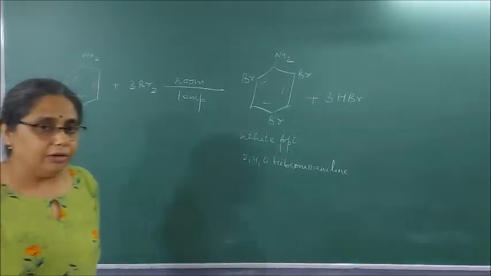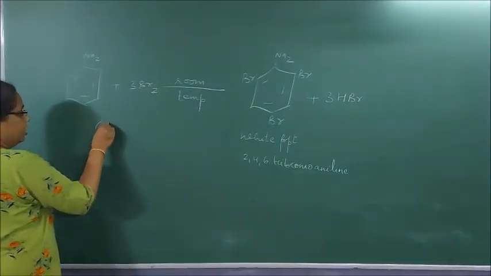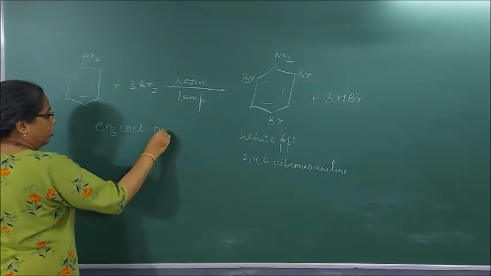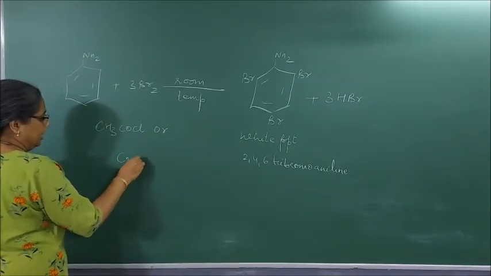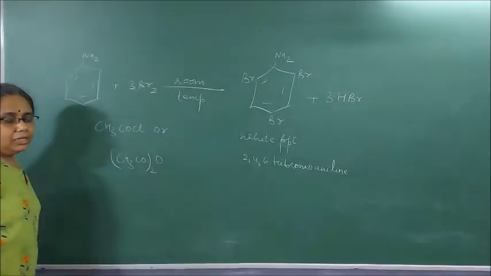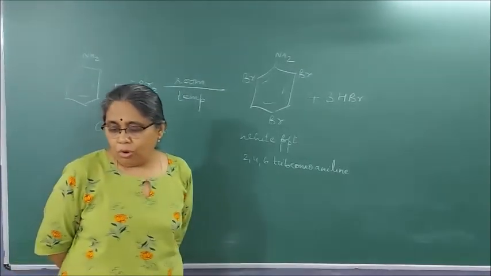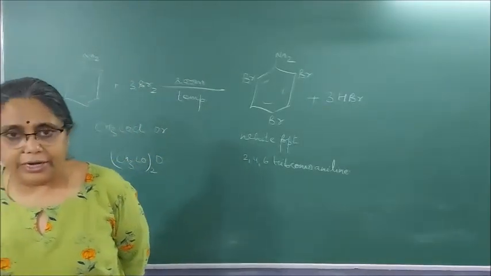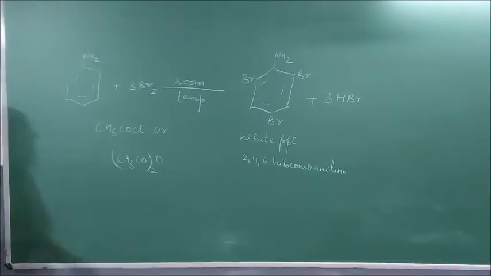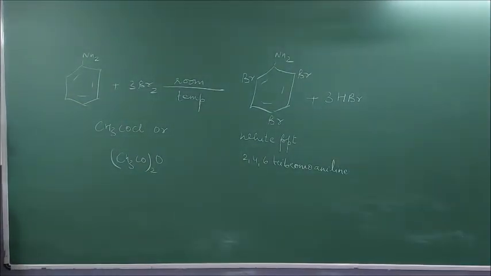Acyl chloride formula? CH3COCl. Acyl chloride or acetic anhydride. Okay? So if we want a mono-substituted product from an aromatic amine, the first step is to do acylation.